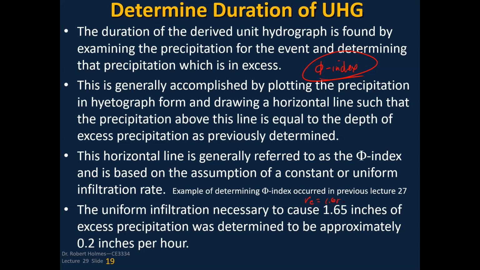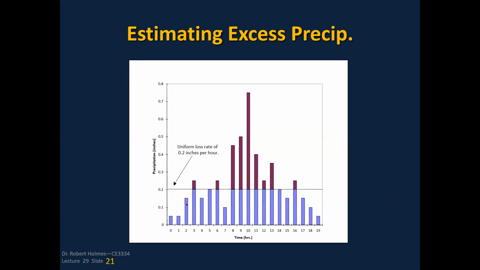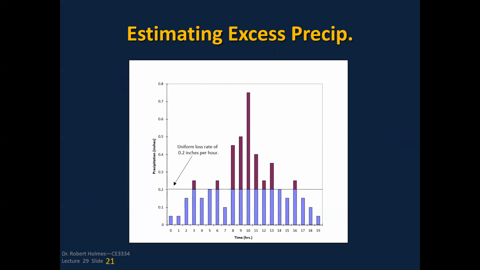Remember, that's back from several lectures ago, lecture 27. I go through trial and error on my data, and I end up getting a phi index equal to 0.2 inches per hour, just plugging in various values of R. You start with the largest value of the rainfall, get a phi, and then the largest 2 and the largest 3, etc. And what I do is I've got 0.2.